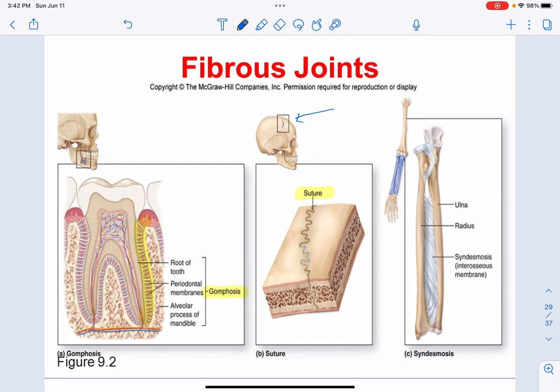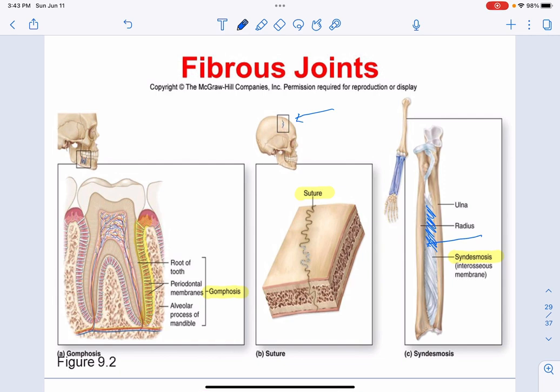And then finally, we talked about syndesmosis. This is the joint that is in between the ulna and the radius. That is what this white material here is showing you. This is a fibrous joint between these two bones that helps stabilize them. There is some movement because you can move your forearm, you can supinate it and pronate it.